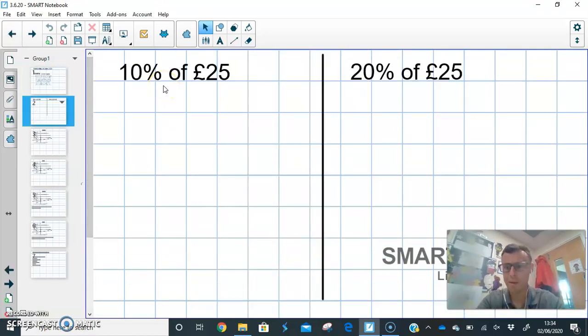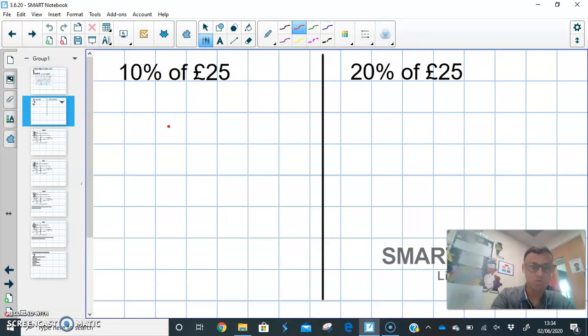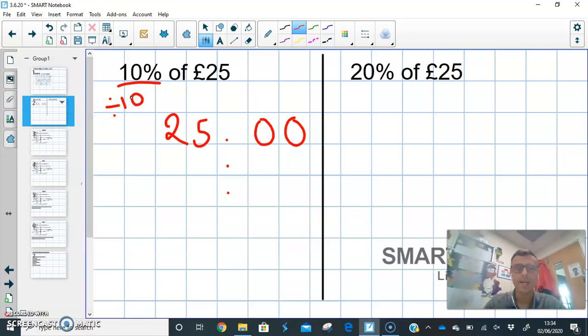So if you remember, when we're finding 10% of a number, what we need to do is write our number down, so 25.00. If I'm finding 10%, I need to divide my number by 10. And if I was finding 1%, I would divide my number by 100 because percentage is out of 100. So £25, and I'm dividing by 10.